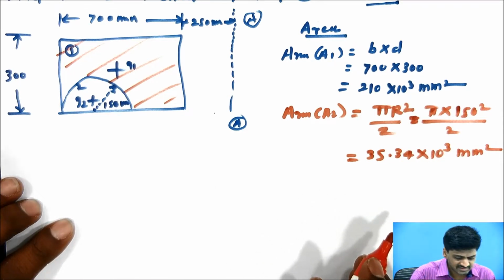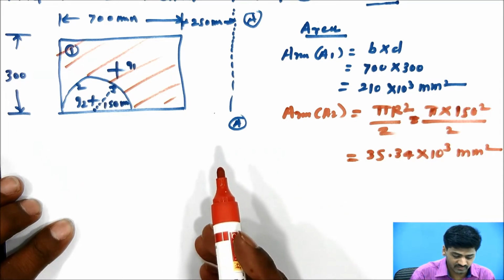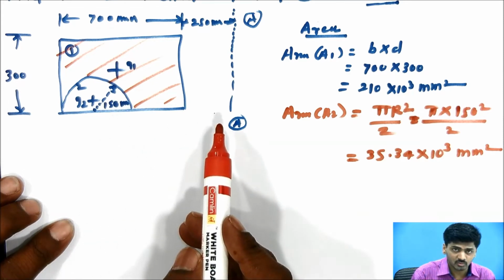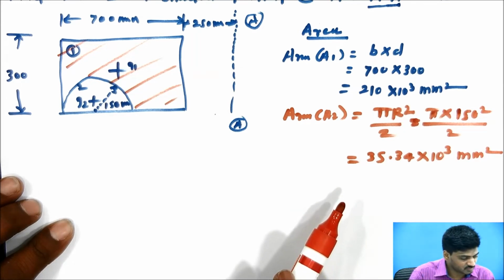Now, because there is no need to calculate the centroids, x bar and y bar, directly with respect to the given axis AA, you may identify the moment of inertia.